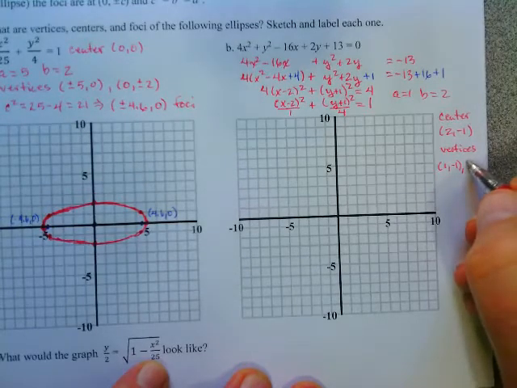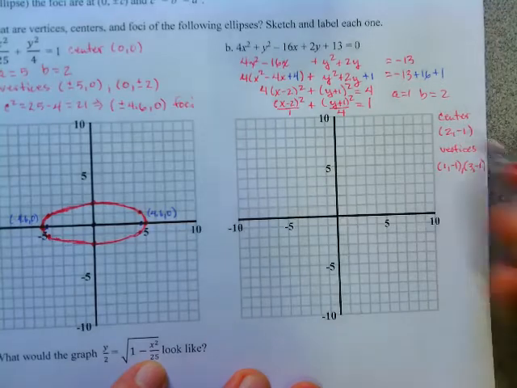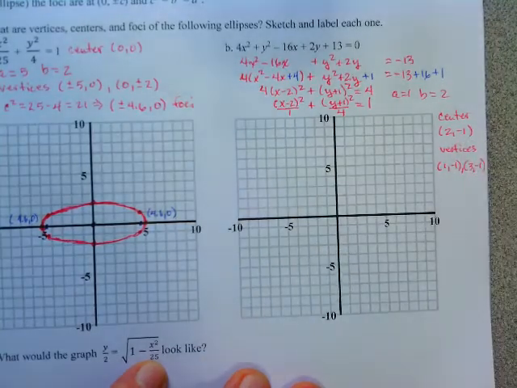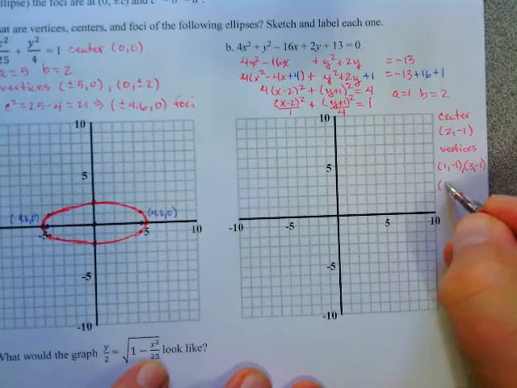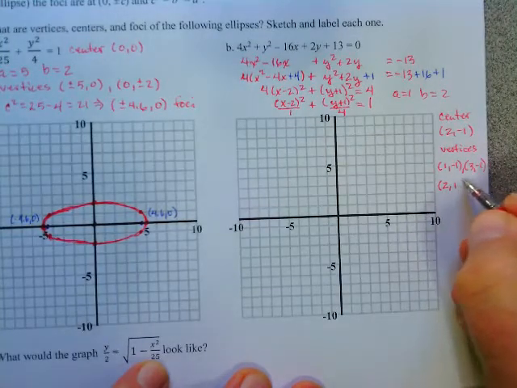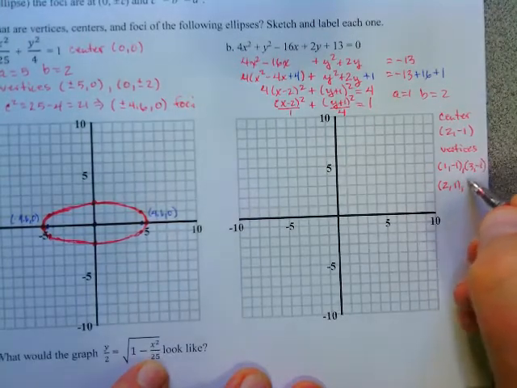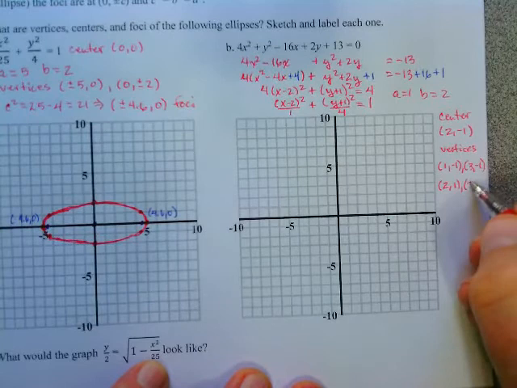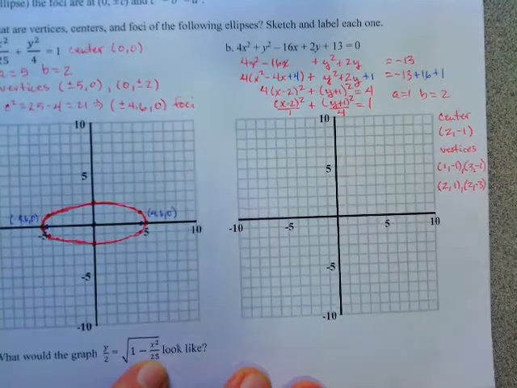And then (3, negative 1), so that's 1 to the right, so 2 minus 1, 2 plus 1. That's the left and right. Now I got to go up and down, so I'm going to have (2, 1). Negative 1 plus 2 will give me a 1, and then the other one will be (2, negative 3), because I went down 2.